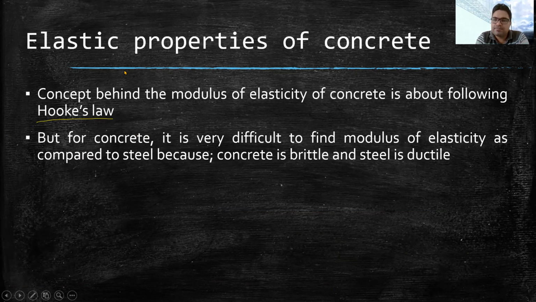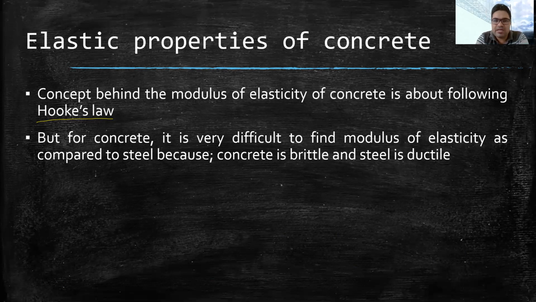For concrete, it is very difficult to find out the modulus of elasticity because the stress strain curve is not linear. There is no linearity in the stress strain curve of concrete. We will see that in the next slide. Because of that, it is very difficult to find the modulus of elasticity of concrete.